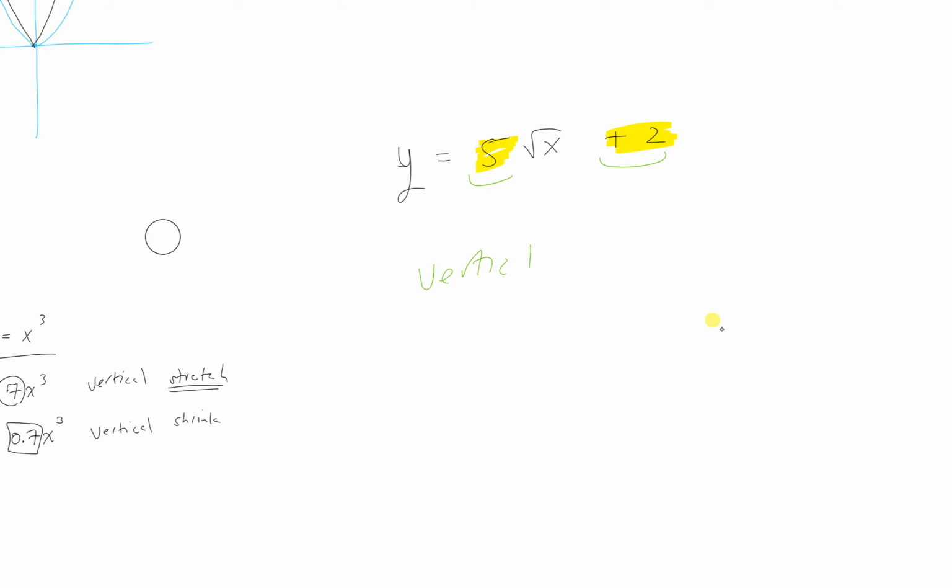This is a vertical stretch, and it vertically goes up. See how it's all happening outside. If I wanted to stretch or shrink horizontally, what do you think I'm going to multiply that number to? Do I multiply a number outside of the equation, or do you think I'm going to multiply it into the x?